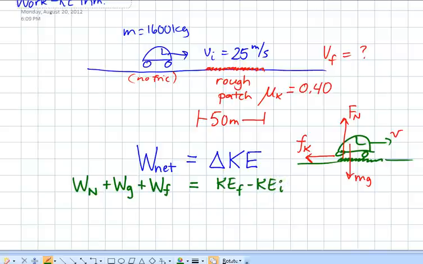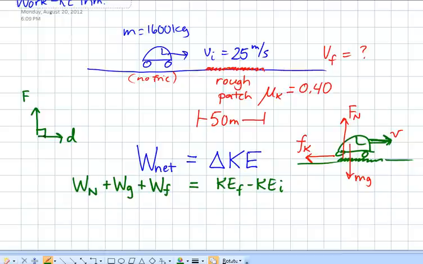So even though I'm listing all three of these forces, they don't all actually do work. If you think about it, the car is moving to the right, but the normal force is pointing up. So we have a case where a force is pointing up and a displacement, because that's the way the car is moving, is at a right angle.